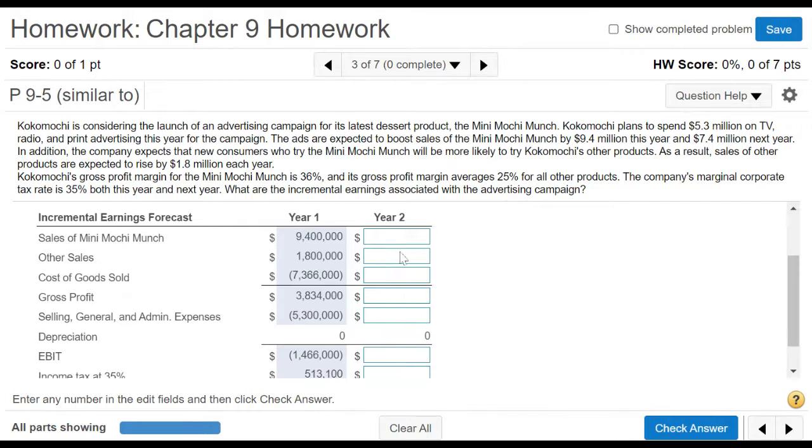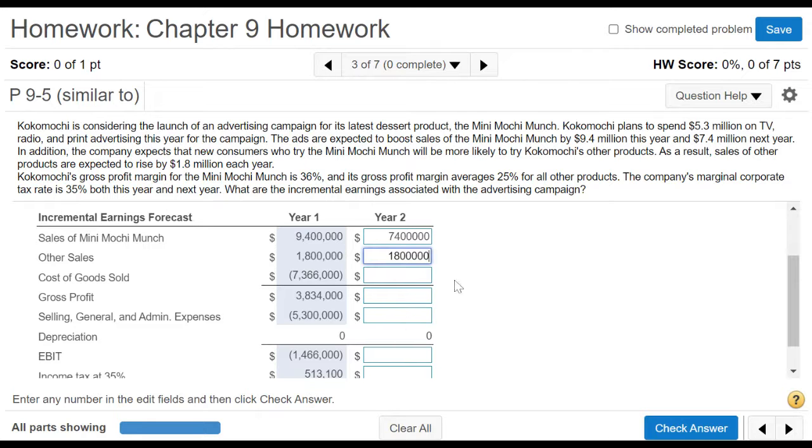So this would be 7.4, and this would be 1.8. Then you do the exact same thing: 0.64 times 7,400,000, and then 0.75 times 1.8, and that's also a negative number. And then you do your thing from here.